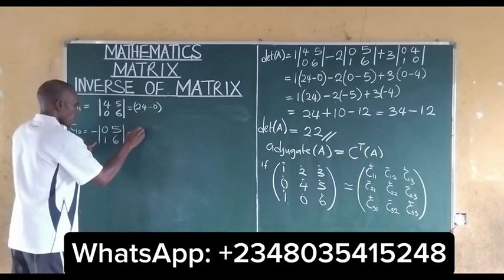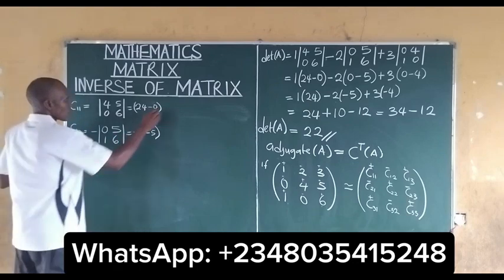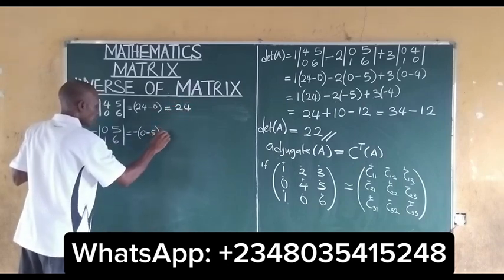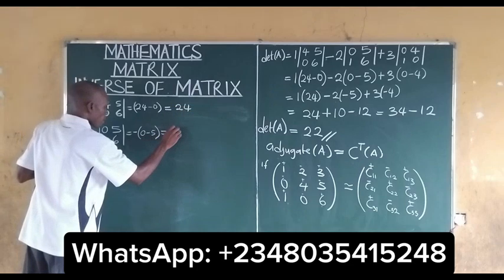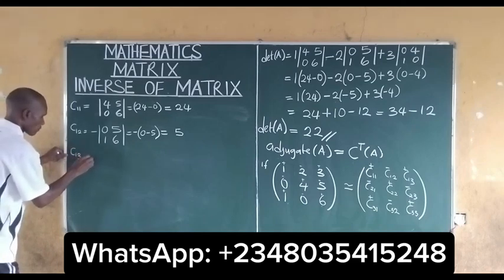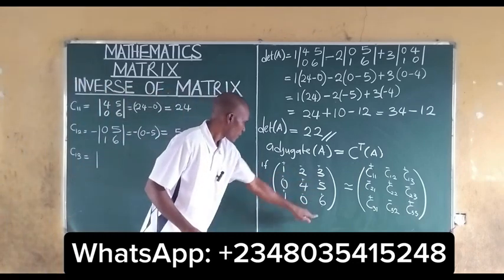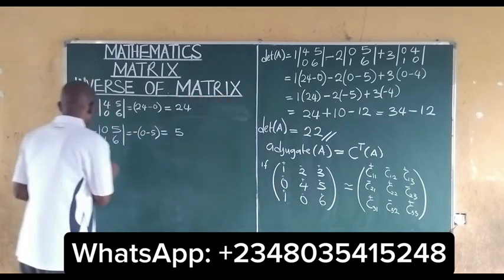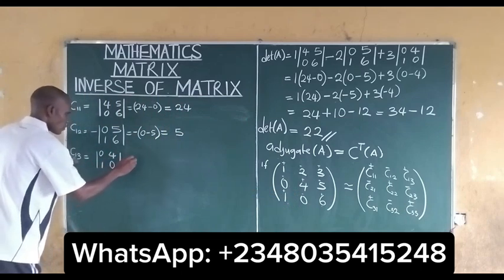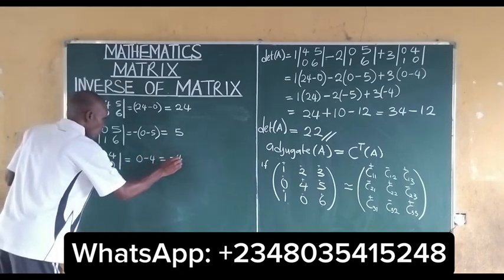So we have negative of 0 minus 5, which is equal to 5. C13 is positive, so we have 0 4 1 0, which is equal to 0 minus 4, which is equal to negative 4.